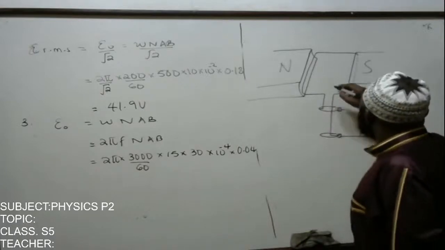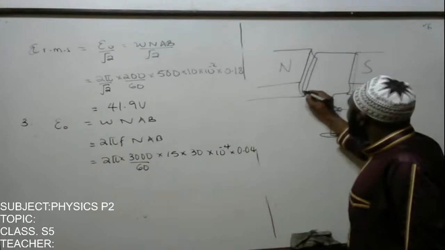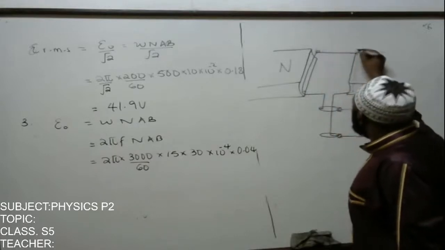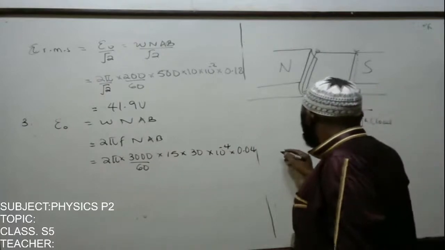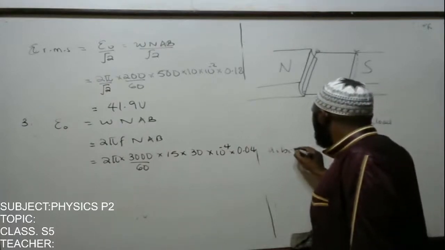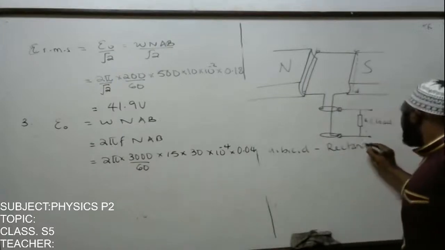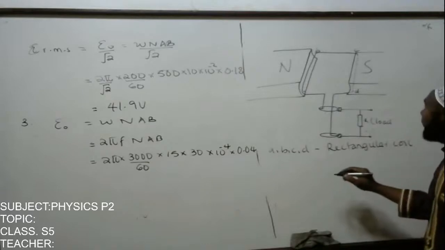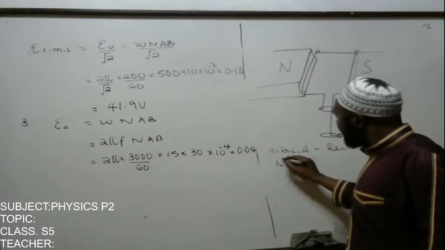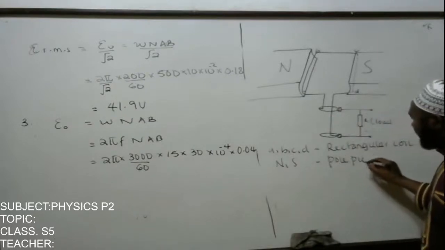So this is coil ABCD. So ABCD is a rectangular coil. Then N S, pole pieces of a strong magnet.